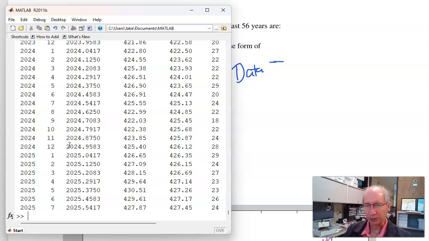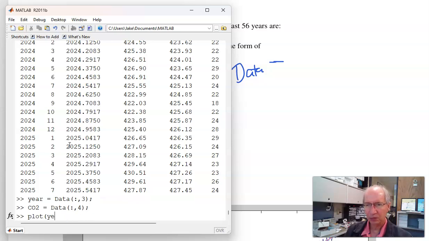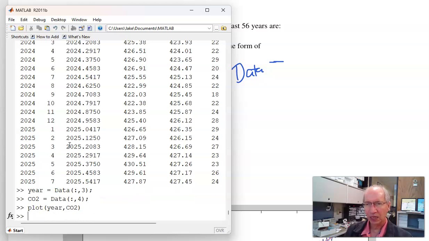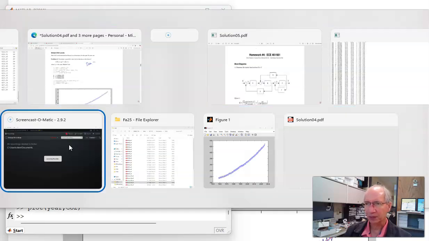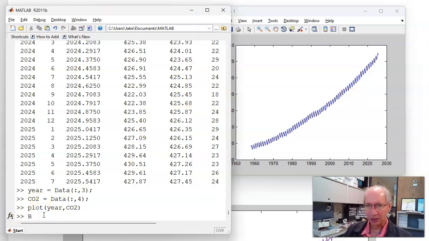The third column is my year. The fourth column is the CO2 levels. If I plot the two together, there's my data.